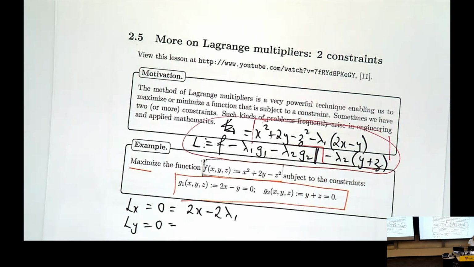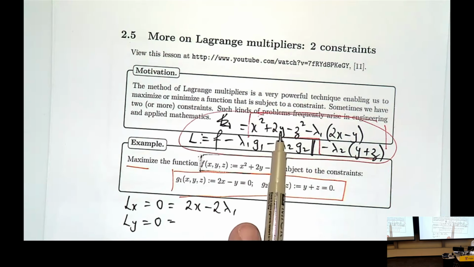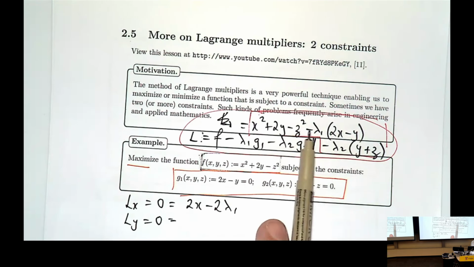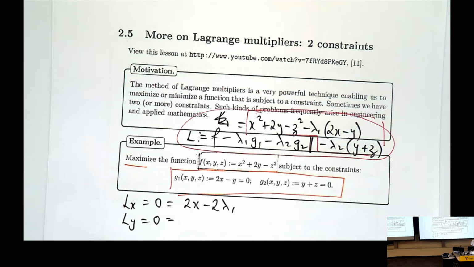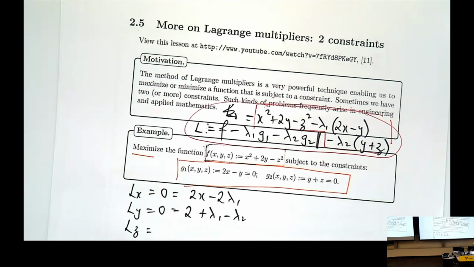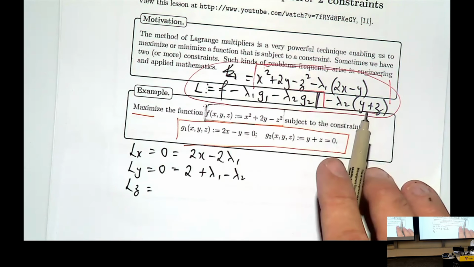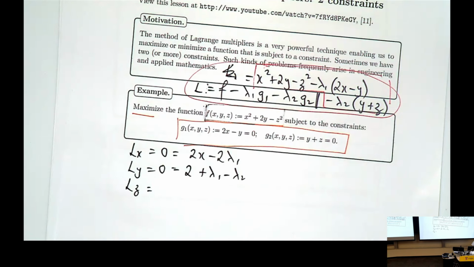Derivative with respect to y: that'll become 2, that'll become lambda 1, and that'll become negative lambda 2. Last one, with respect to z: negative 2z minus lambda 2.